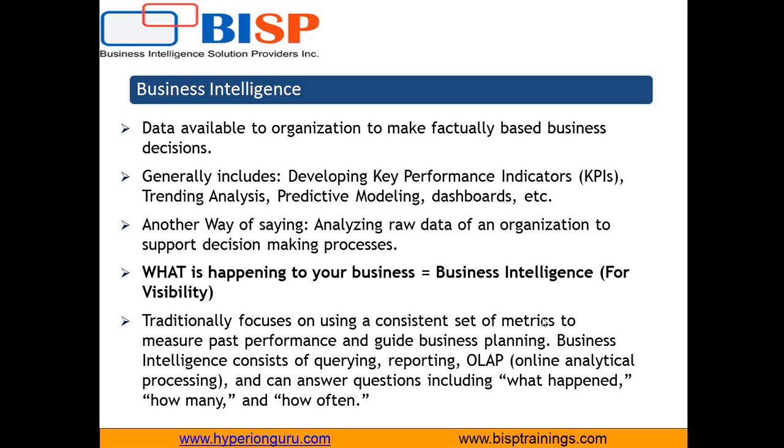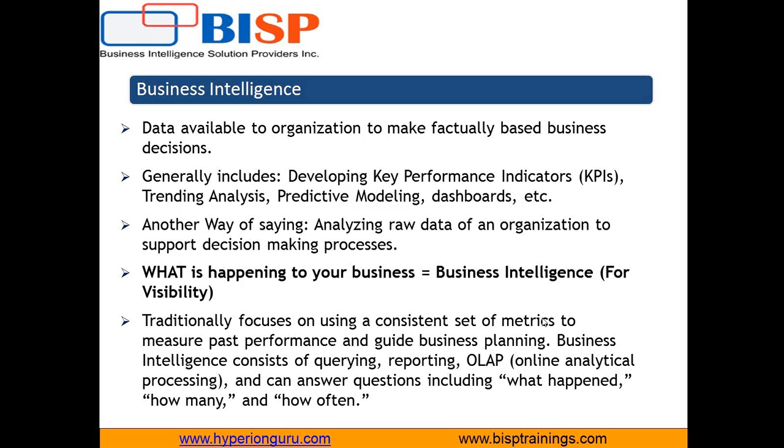So traditionally business intelligence uses metrics. Metrics means your algorithm, your statistical analysis, your visual analytics to measure how good you have done in the past, how bad you were, or whether you were average, and it gives you a whole business plan to see that if you were bad, how good can you do it? If you were already doing good, how can you support your future plans?